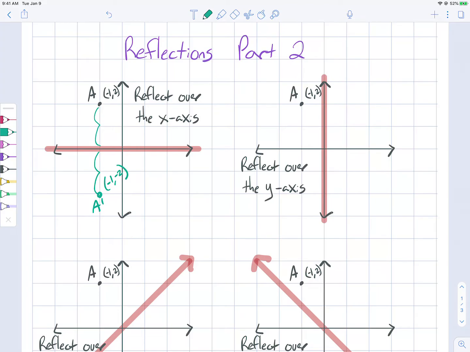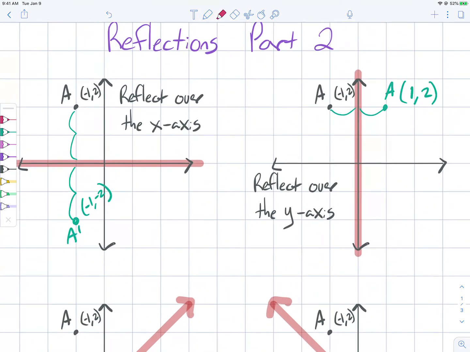If I reflect it over the y-axis, it is 1 away from the y-axis, so its reflection must also be 1 away from the y-axis, and that's at the coordinate 1, comma 2. So if we look at what happened for both of those coordinates, on reflecting over the x-axis, the x-coordinate did not change. It is still exactly the same thing.